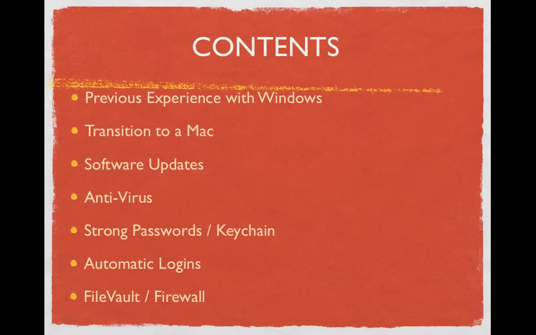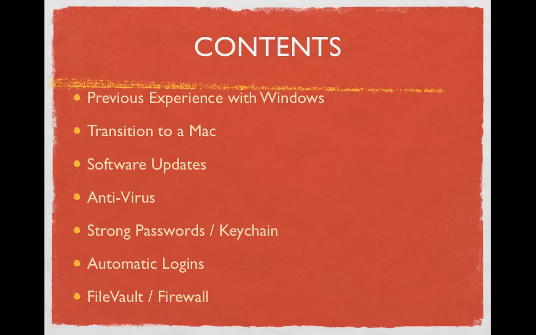So the contents of what I'm going to be covering today: first is going to be my previous experience with Windows over the last decade or so, before transitioning into my transition to a Mac computer. Then followed by the various steps you need to take in order to protect your Mac computer, starting with software updates, and then antivirus and choosing the right one, which fits your computer specifically.